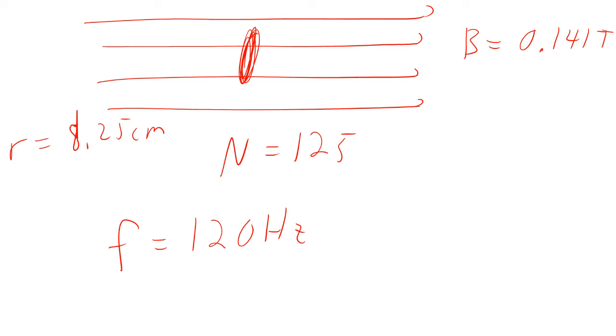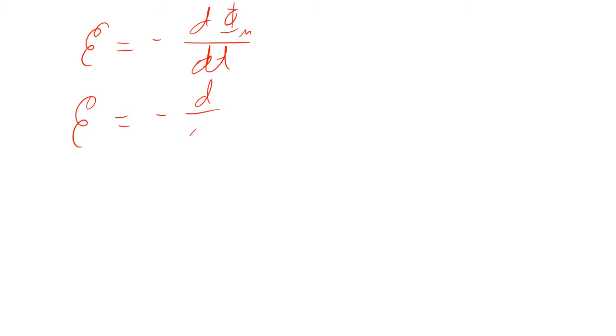Okay, so what do we do? Well, we know from Faraday's law that the EMF is minus the rate of change of the magnetic flux. So it's going to be the derivative of the magnetic flux.